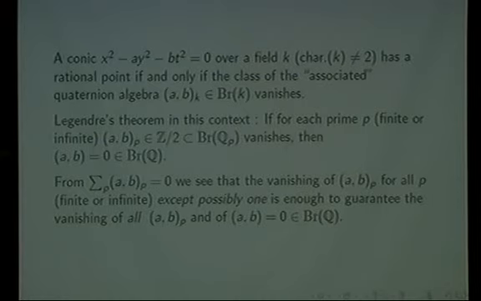And Legendre's theorem in this context says that if for every prime p, (a,b)_p in Z mod 2 vanishes, then in fact (a,b) is 0. So this is exactly the statement we had before. And then from the sum equals 0, we see that the vanishing of (a,b)_p for all p but one guarantees the vanishing of the last one, because the sum is 0. So if all of them are 0 but one, well, the last one is 0.